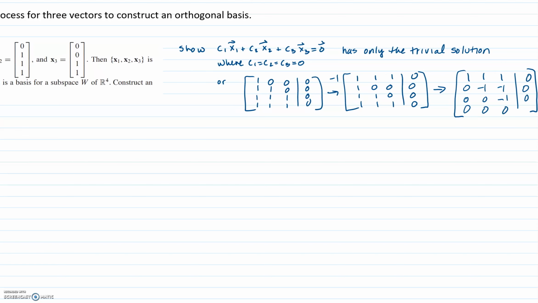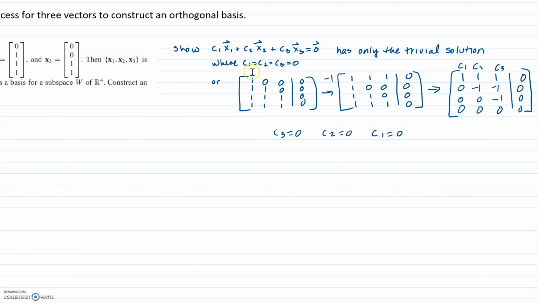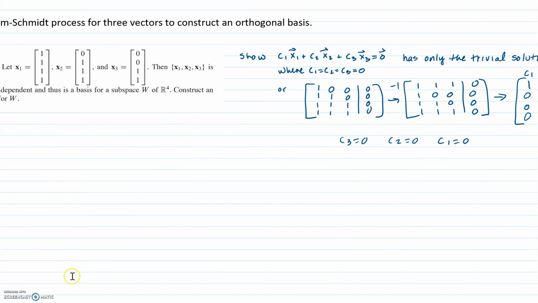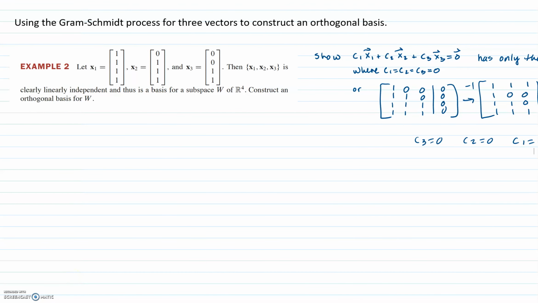So you can clearly see, if this is c1, c2, and c3, that c3 is 0. Plugging c3 equals 0 into the second equation, you get c2 equals 0. Then plugging in c2 and c3, you get c1 is 0. So these three vectors are linearly independent.